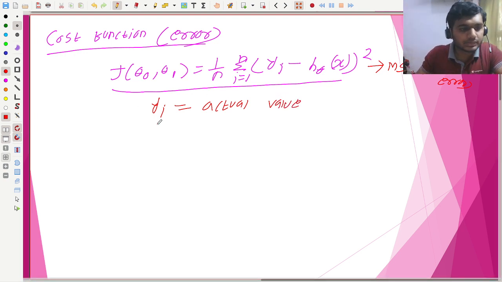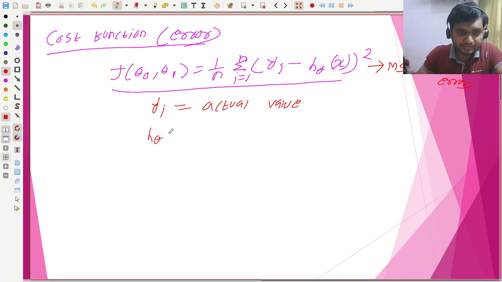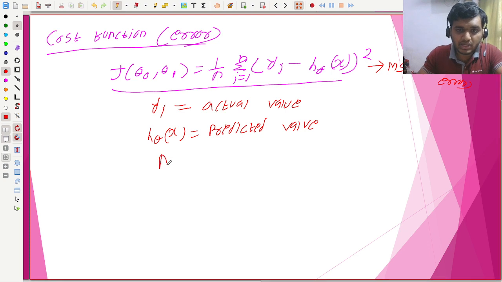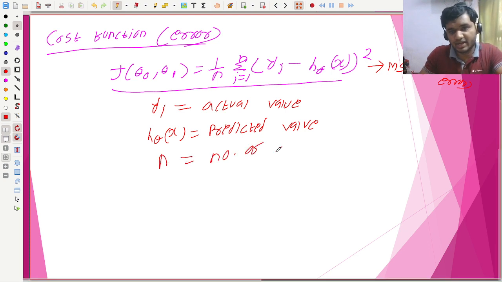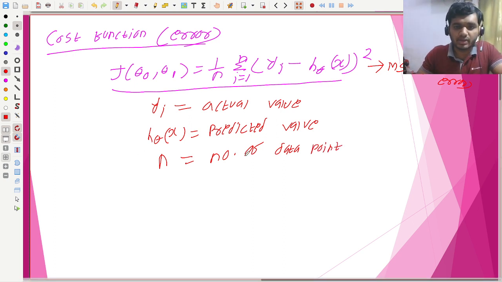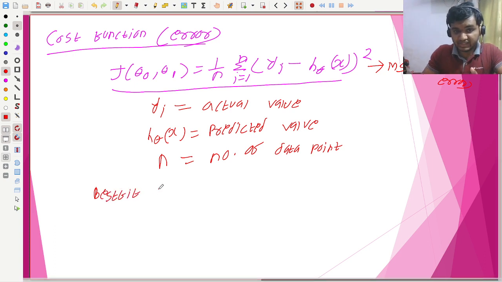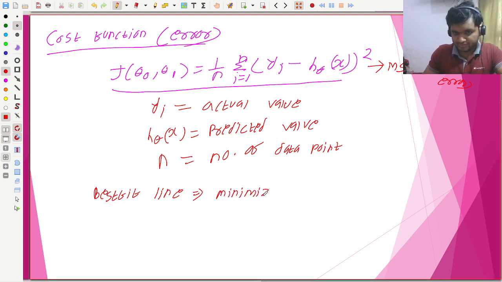For the final goal, in order to get the best fit line in linear regression, we'll minimize the error.